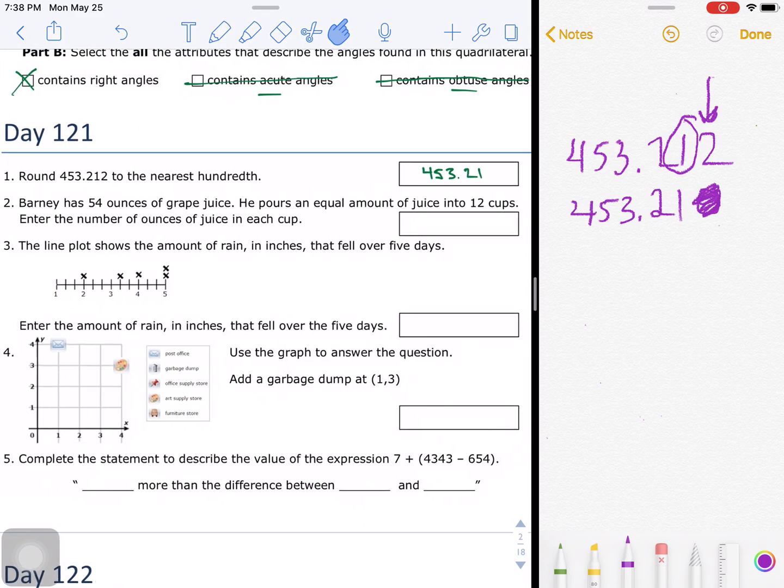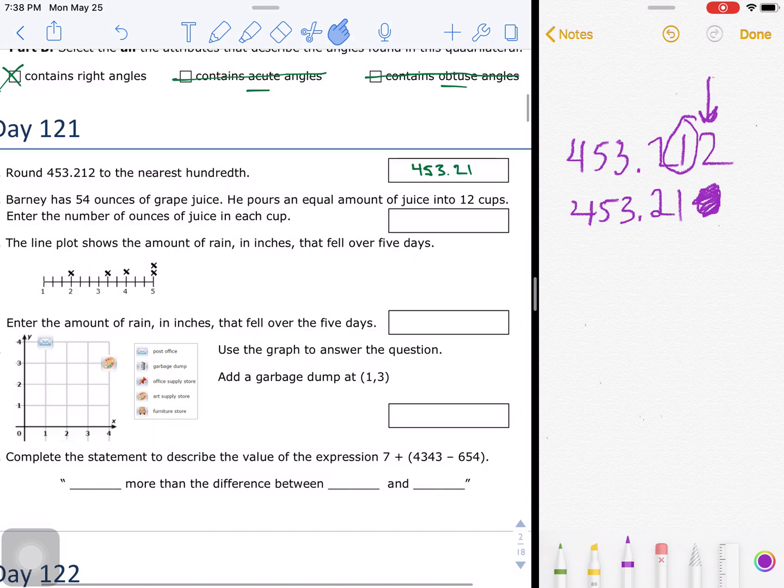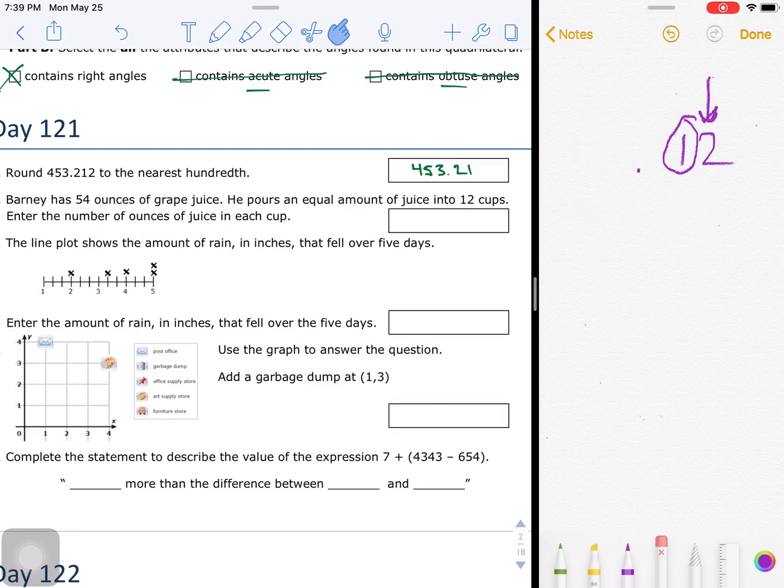Okay, problem number 2. Barney has 54 ounces of grape juice. Maybe that's why he's all purple. He pours an equal amount of juice into 12 cups. Enter the number of ounces of juice in each cup.